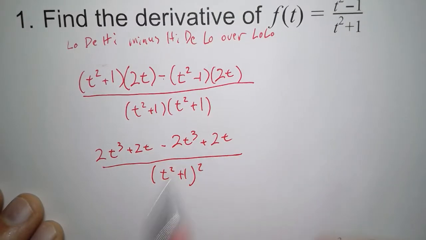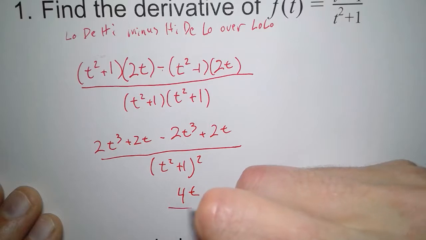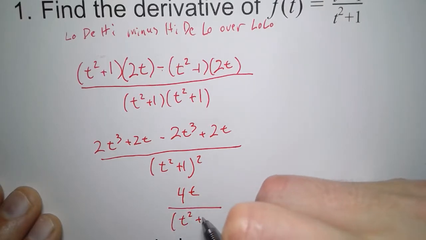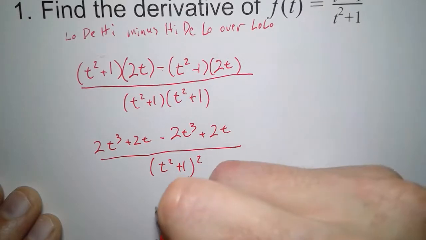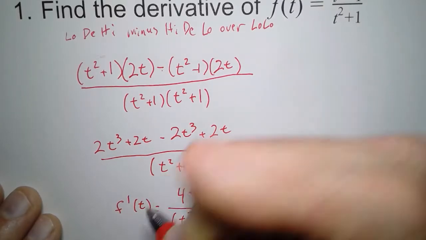Now the 2t cubes, they cancel, so we have 4t all over t squared plus 1 squared. And so that is our derivative using quotient rule.